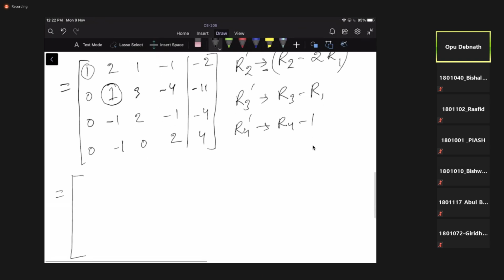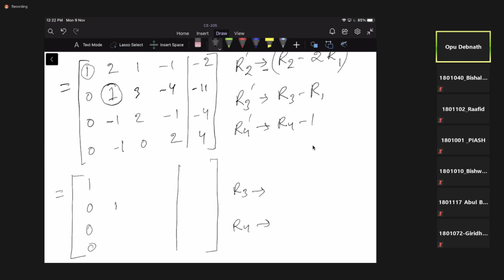So you need to make the remaining 2 elements 0. So what can I do? Simply 1 0 0 0. This is already 1. For row 3 and row 4, this is very simple, just summation of R2 and R4.